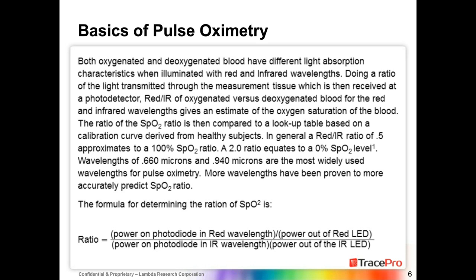But in terms of a formula, this ratio is the power on the photodiode in the red wavelength divided by the power out of the red LED, divided by the power on the photodiode in the IR wavelength divided by the power out of the IR LED. If you look at that ratio, that pretty much gives us a good idea what the SpO2 is when we're measuring using two LEDs in the transmission method.